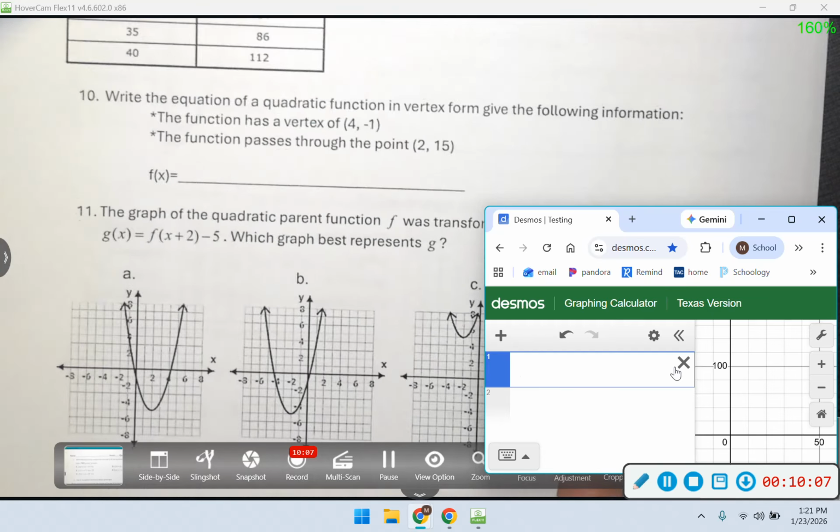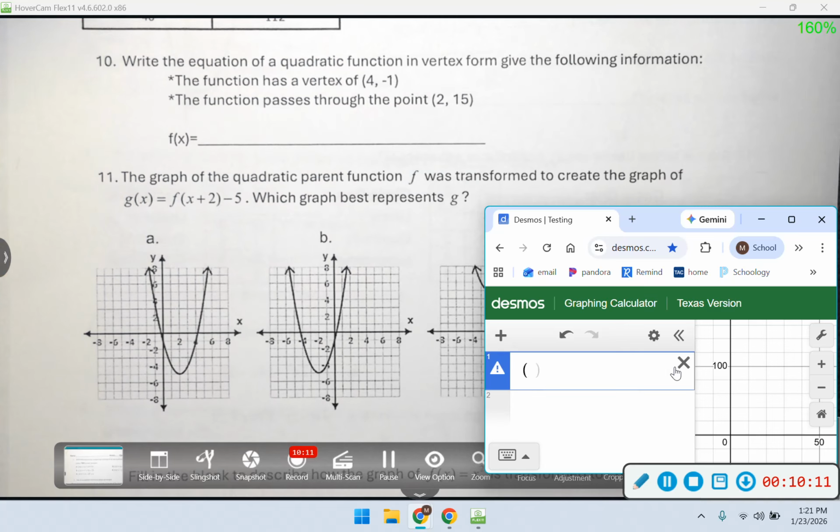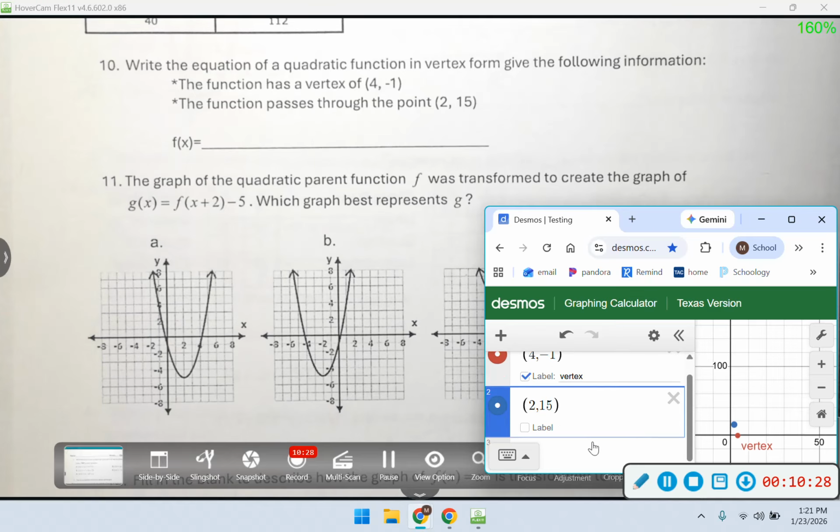Okay, looking at number 10. Number 10 is one of those ones we would type in our calculator. We're only given 2 points, so we can't do plus sign table. We have to type it, and I like to label my vertex to make sure I make it go through the right point. This is the other point, which is 2, 15. So it gave me those 2 points, and it wants to know the equation. Well, since we know the vertex, we know part of the equation.